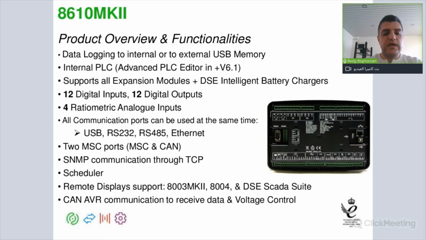So all those are handled by the MSC communication. And because it has an additional CAN port, you can have a redundant MSC. It supports SNMP. It supports all the remote displays, plus the Deep Sea CAN AVRs to receive data and also for voltage control.